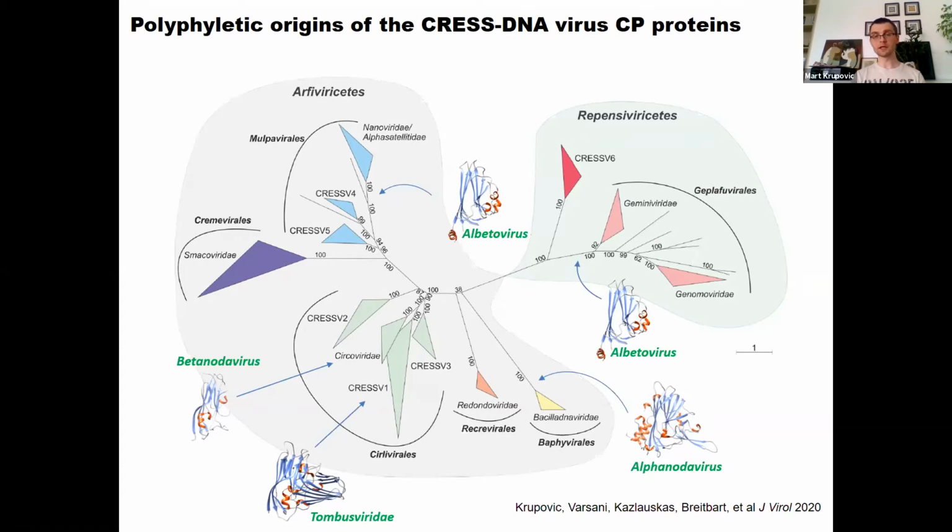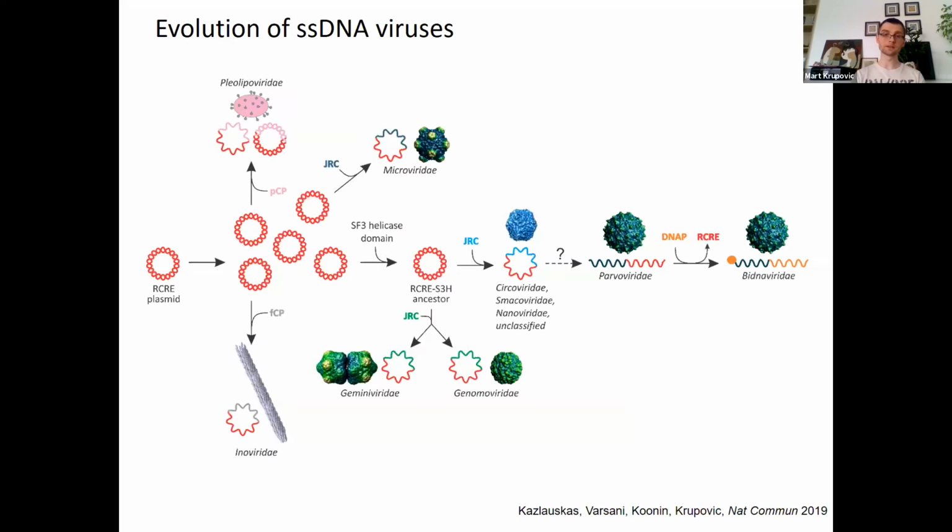What is striking is that these capsid proteins display specific affinities to different families of eukaryotic RNA viruses. Combining the understanding of the replication protein origins and the transfer of the capsid proteins from RNA viruses brings us to a model of how we think of the origin of the single-stranded DNA viruses in general.